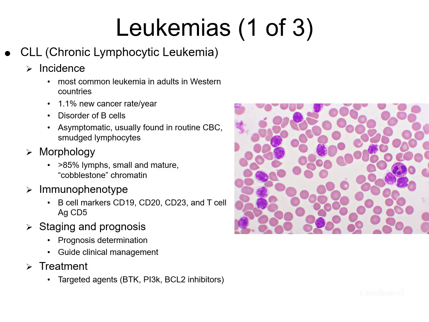Common targeted therapies include Bruton tyrosine kinase inhibitors, which block B cell receptor signaling. We also have phosphoinositide 3 kinase inhibitors, which interfere with survival pathways. And we have the BCL2 inhibitor, which promotes apoptosis of the CLL cells. These agents are often used alone or in combination, depending on patient and disease characteristics.